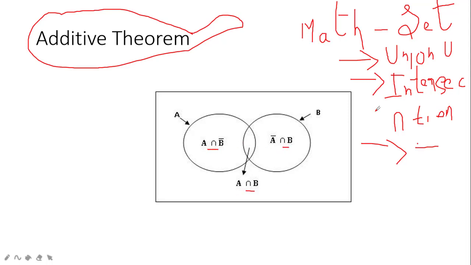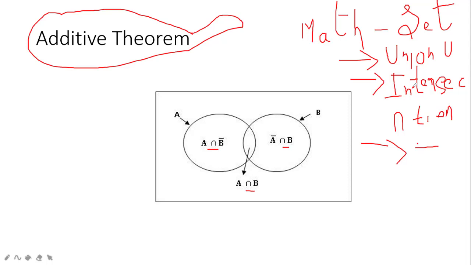Union means taking all the parts, intersection means only the common part, which is the one we need. The same set concept is used here: union works like an OR, and intersection works like an AND. That is how we need to add.